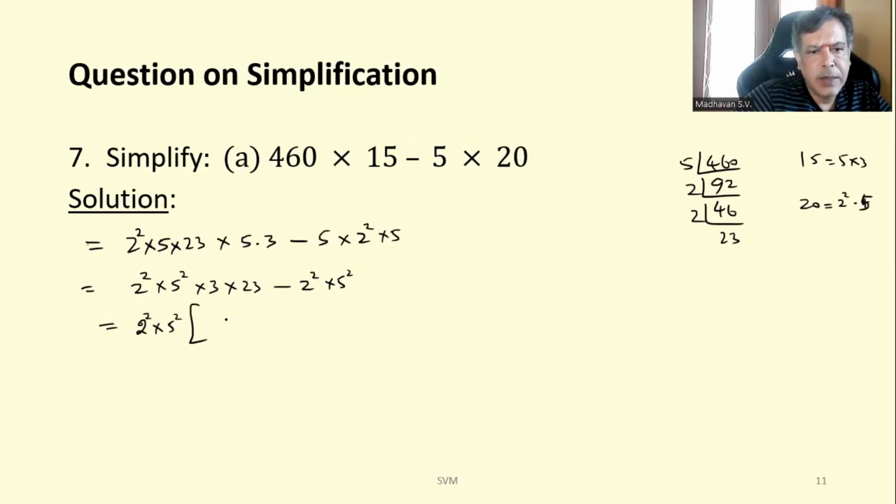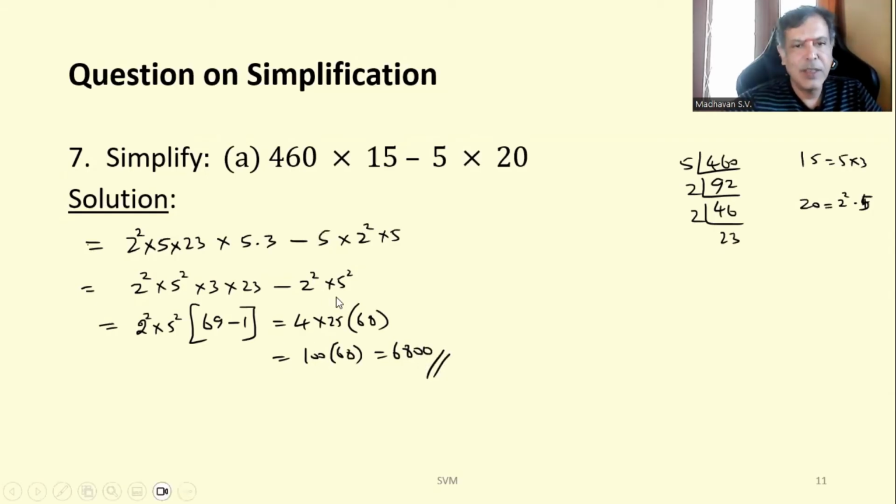Inside we can write 69 minus 1, which is 4 into 25 into 68. So this is 100. 100 into 68, we get 6,800. That will be the simplification for this particular question. Let us move on to the next question.